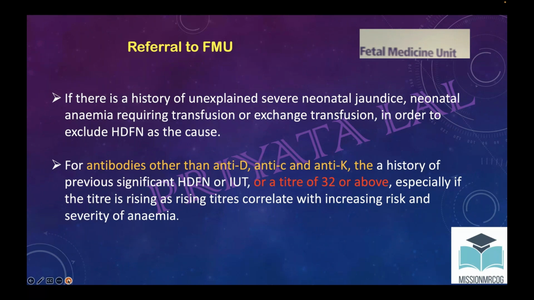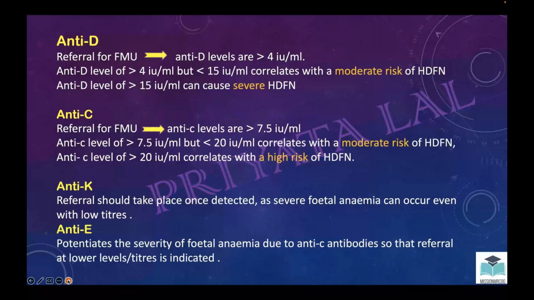Like anti-D: if the detection has been done, now they will do the quantification. I already told you it will be done with the analyzer. Once it becomes more than 4 international units, the patient is to be referred to the fetal medicine unit.